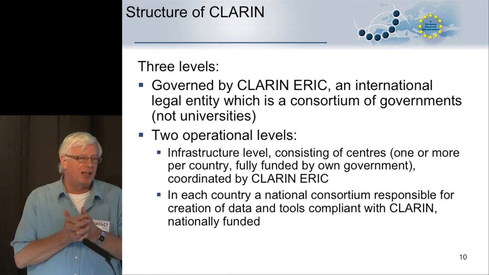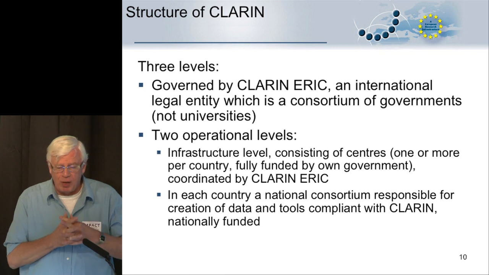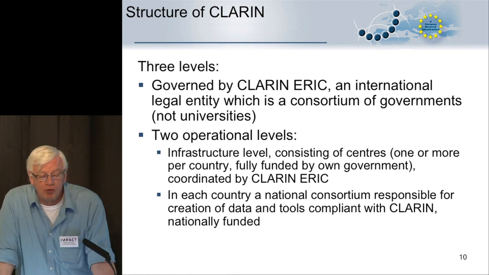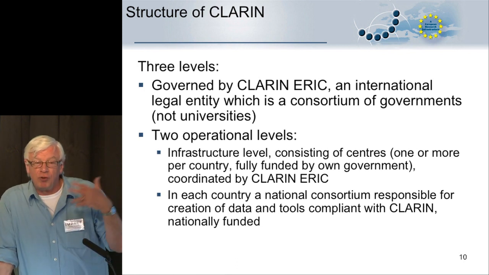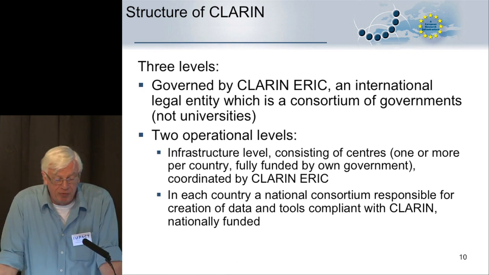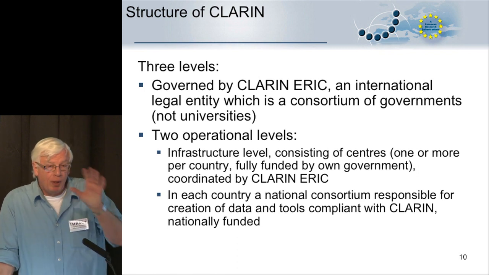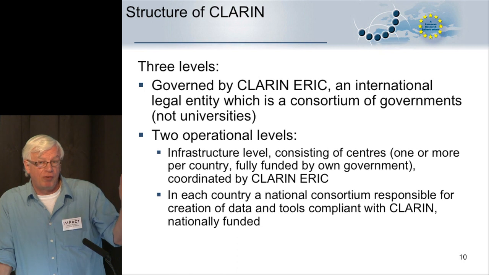Clarin ERIC is a new type of international legal entity created by the European Commission, and it's not an ordinary project consortium where you find universities or libraries. It's a consortium of governments, and they will be responsible for the overall coordination and governance of Clarin.